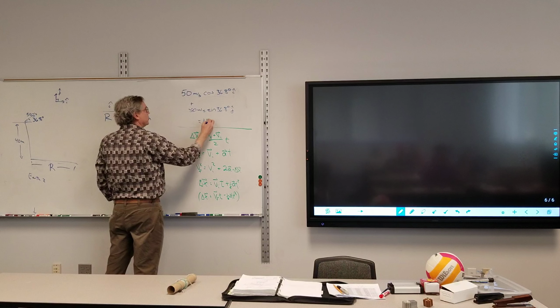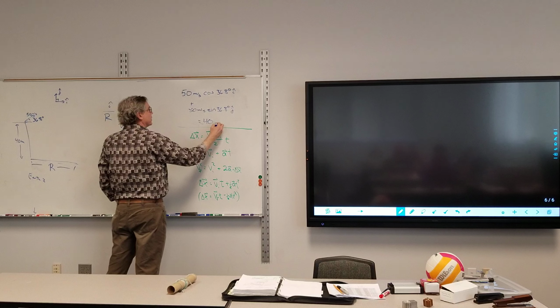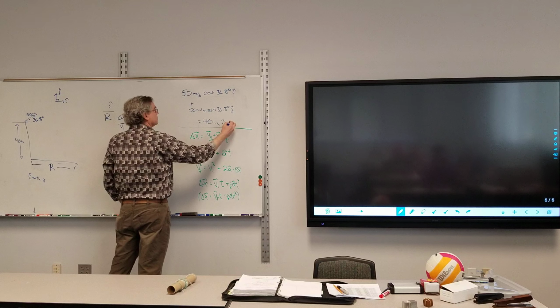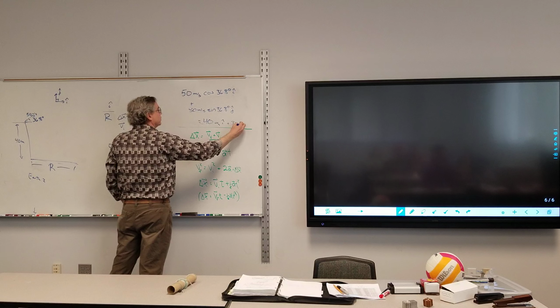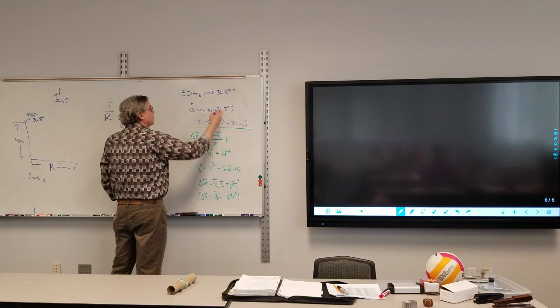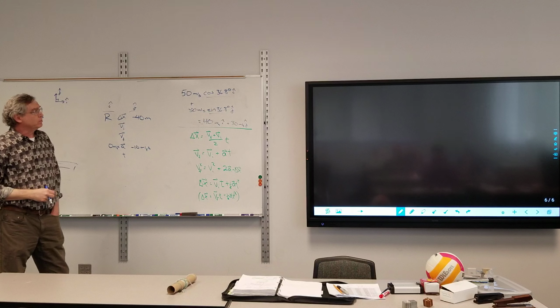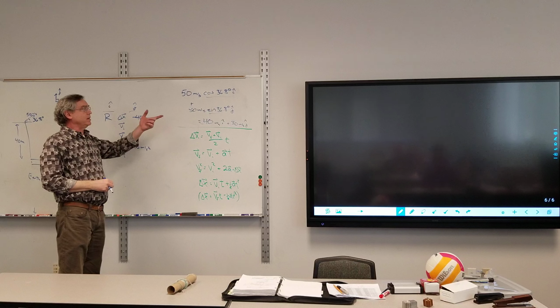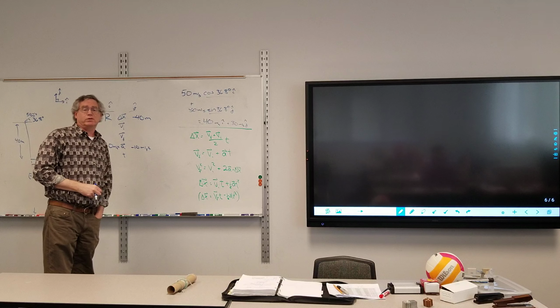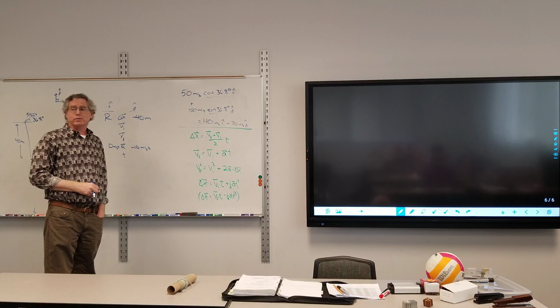And we should end up with somewhere around 40 meters per second I hat plus 30 meters per second J hat. Because I chose that angle because the cosine of that angle is about 0.8 and the sine is about 0.6, unless of course I've got that backwards.